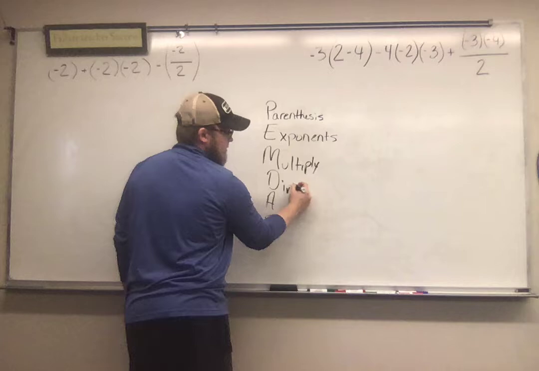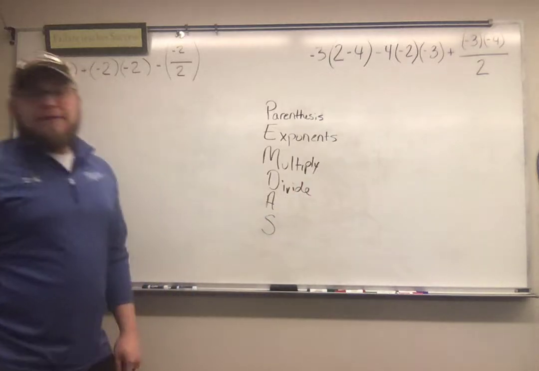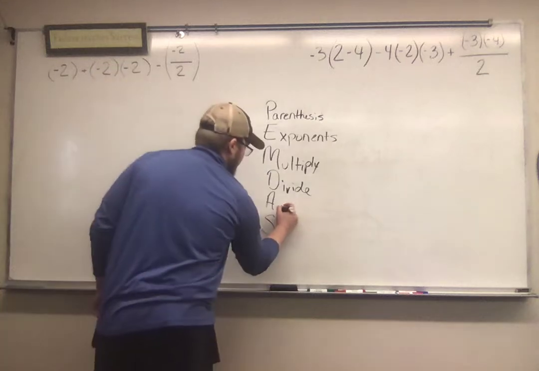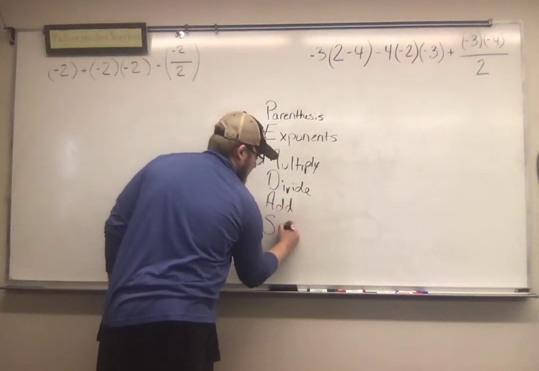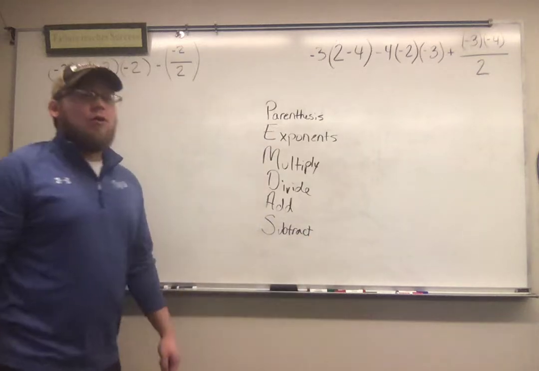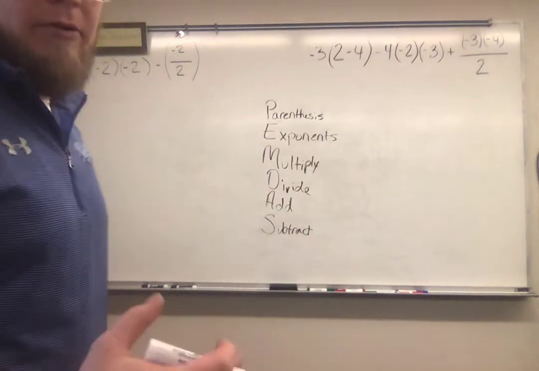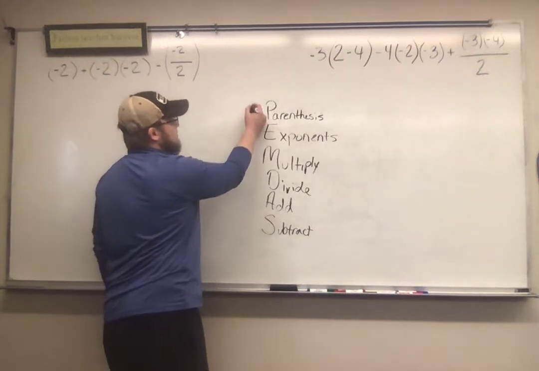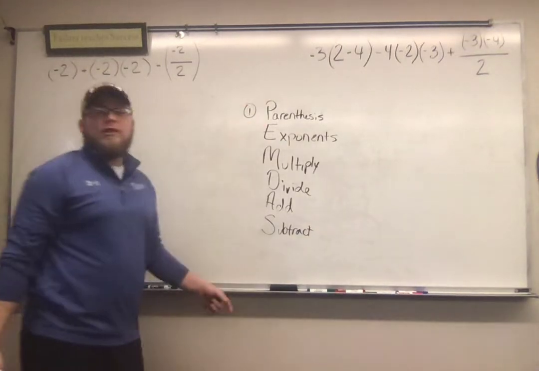D is divide. And then the A and the S are add and subtract. So right here, this is the order that you actually do them in, okay? Now, just to explain a little bit about the order, this one's always first. Always number 1, the parentheses are.